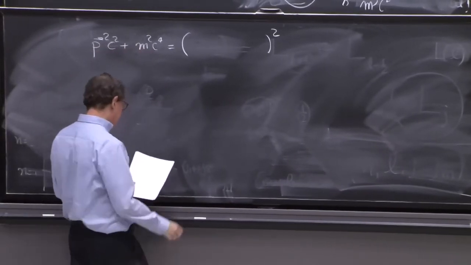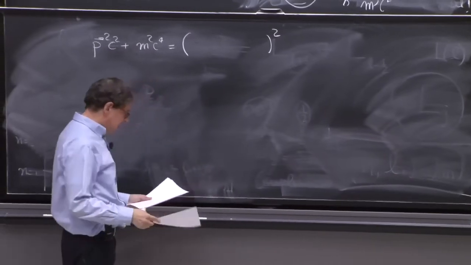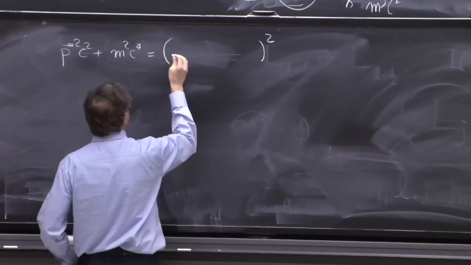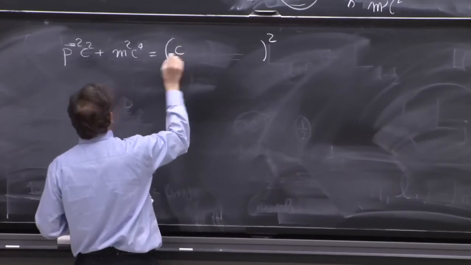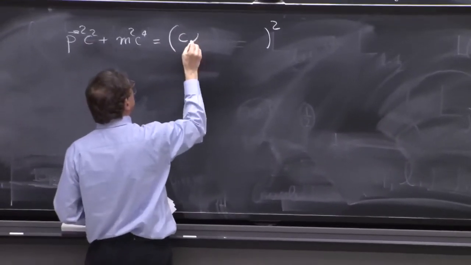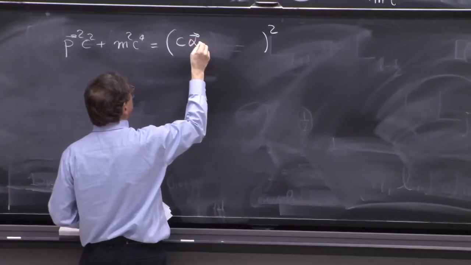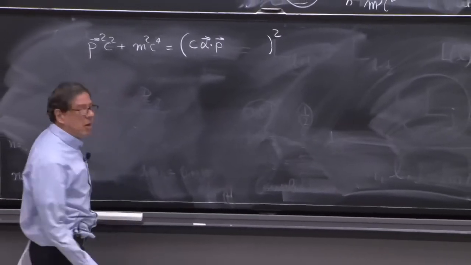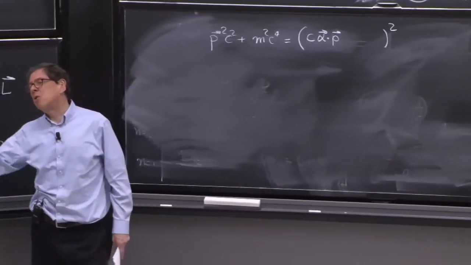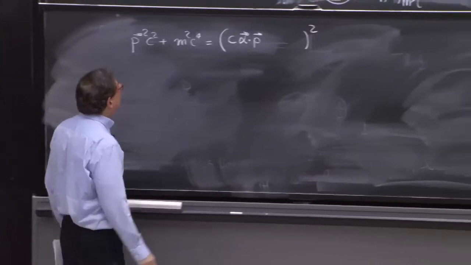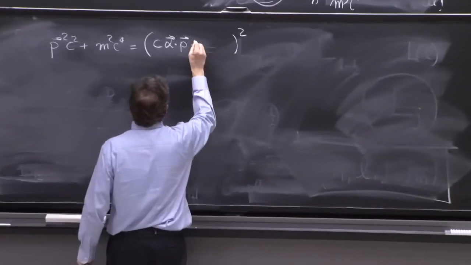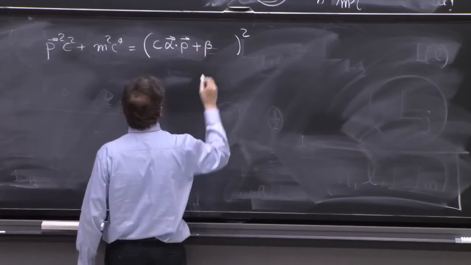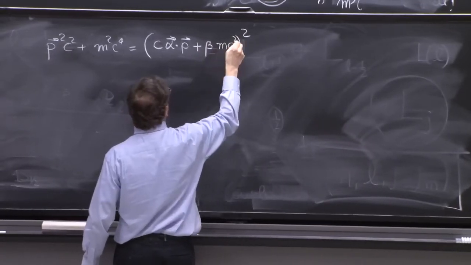So he said, OK, let me put a linear function of p. And the most general linear function of p is obtained, I want a c, by doing the dot product of a constant vector alpha with p. And here I'll put another constant, beta, times mc squared.